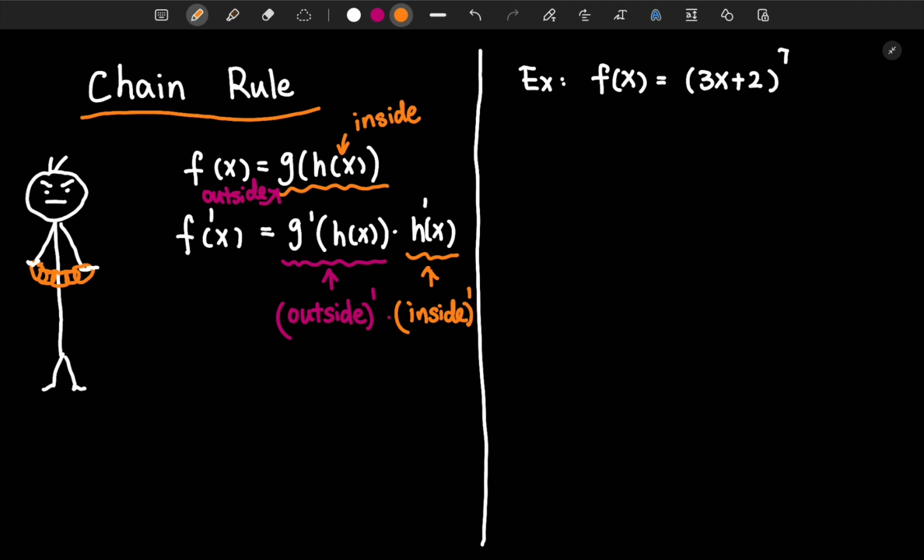Let's look at our example. So we have f of x is equal to 3x plus 2 to the 7th power. In this case, our inside function is 3x plus 2. So let's say our h of x is equal to 3x plus 2.